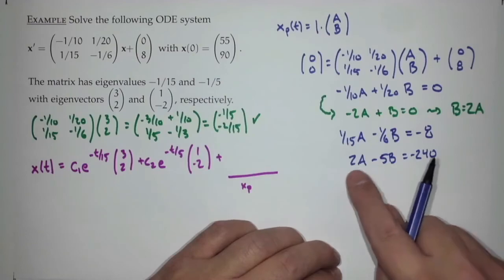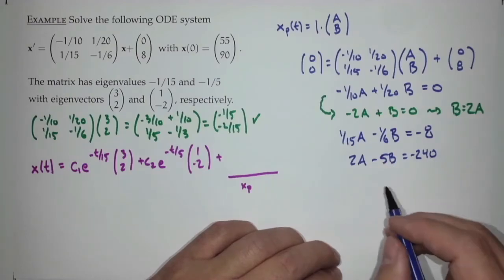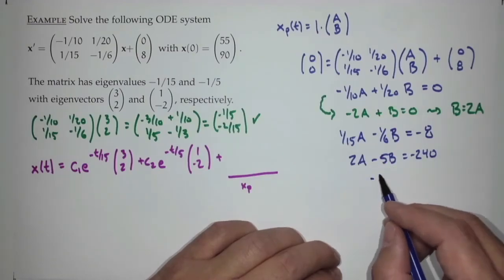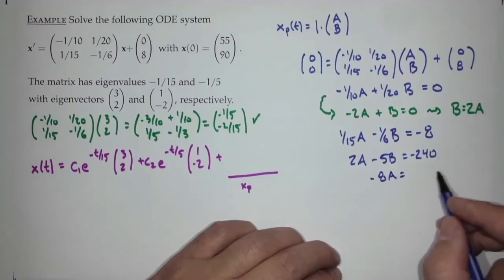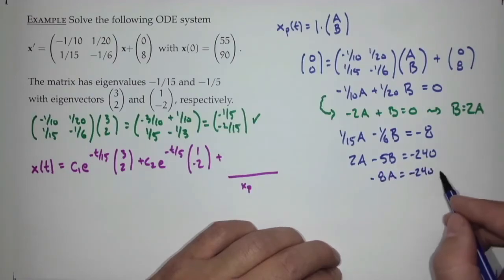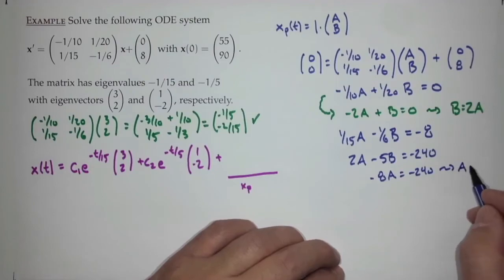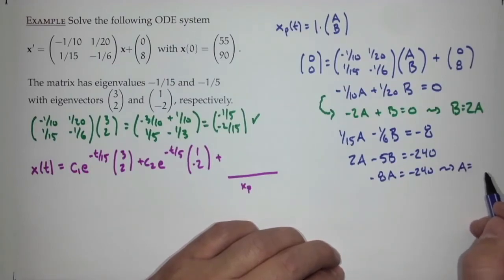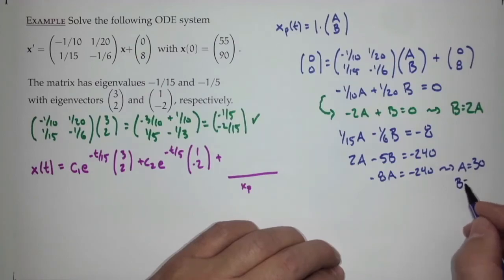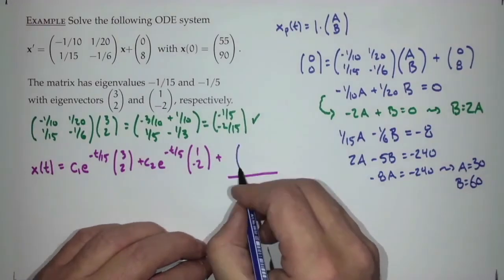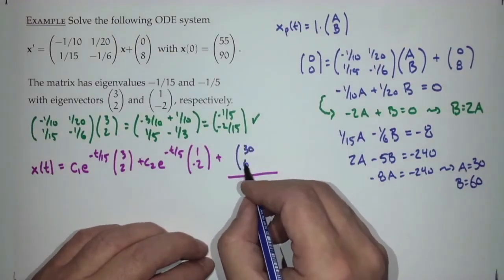So 2A subtract 5 times 2A would give us what? Negative 8A equals negative 240. So what does that say about A? A is positive 30. What does it tell us about B? 60. So our particular solution is 30, 60.